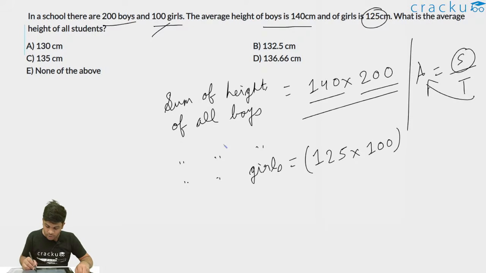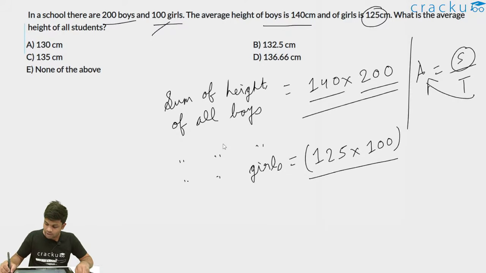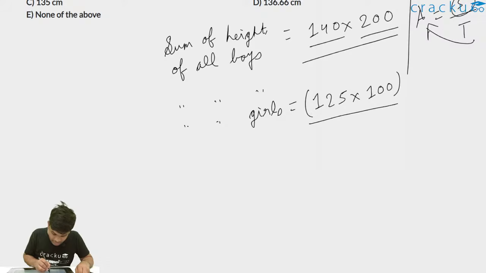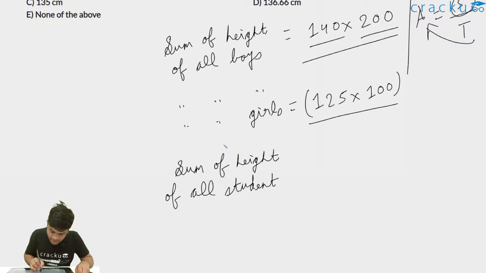This is the sum of height of all the girls, which is 125 into 100. So we have to find the sum of height of all students in the school. So we just have to add these two numbers.